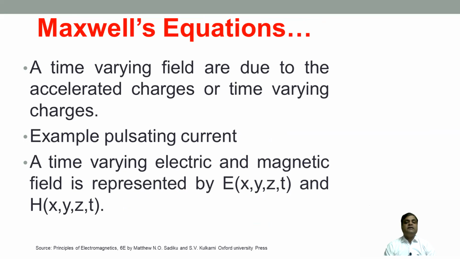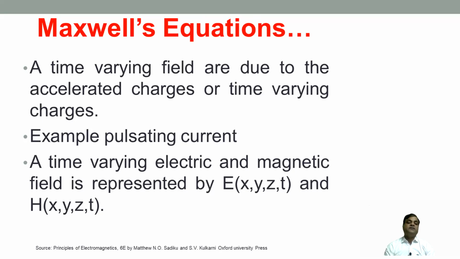A time varying field is due to oscillating charges, or time varying charges. An example is the pulsating current flowing in a circuit. A time varying electric and magnetic field is represented by E(x,y,z,t) and H(x,y,z,t), where E(x,y,z) is the electric field in a rectangular coordinate system.